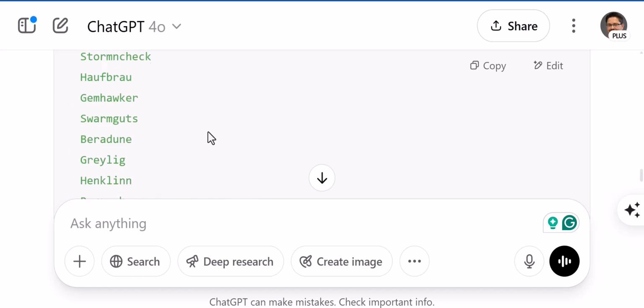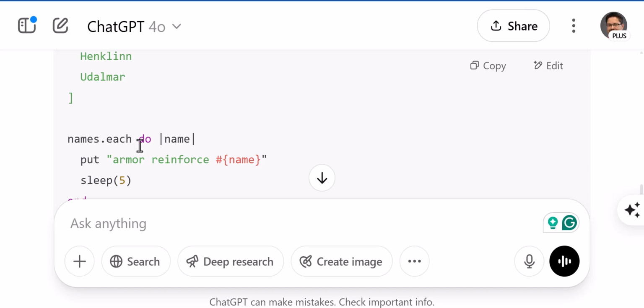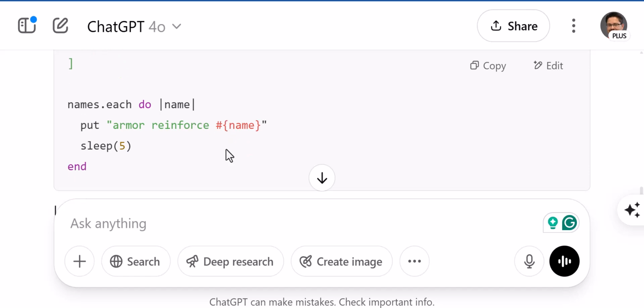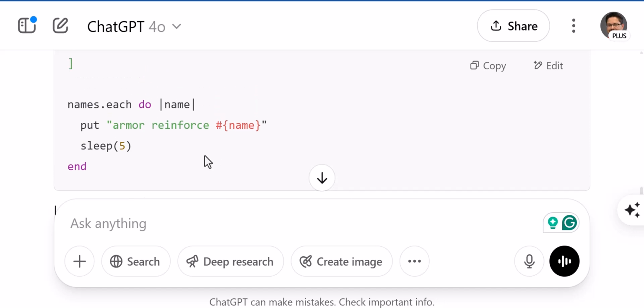So it created a group of names, and for each name, do this. This code will work, folks. I know how to program in Ruby. It will work. It did what I wanted it to do as a game player. I could copy this code into a Ruby script file and go about my business.